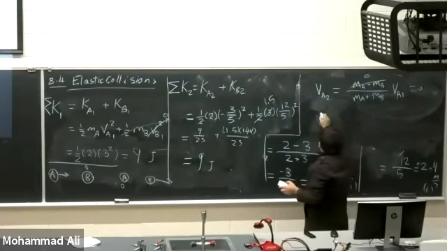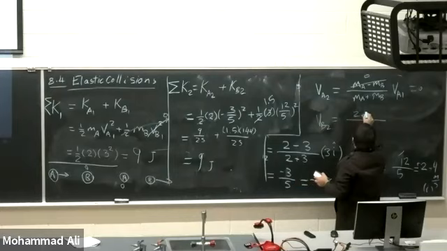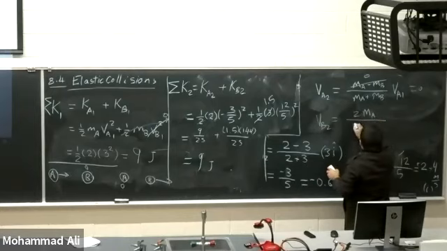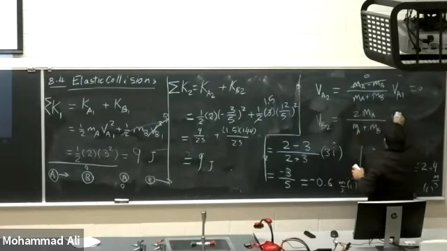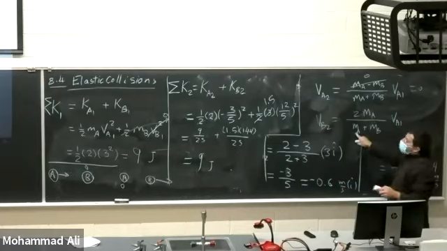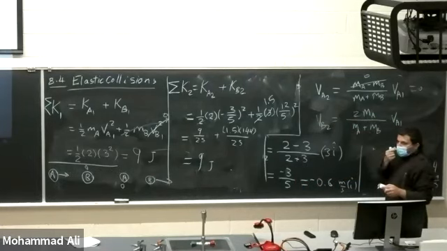And the velocity of B after the collision is equal to 2MA over MA plus MB multiplied by the velocity of A before. But MA is equal to MB, right?